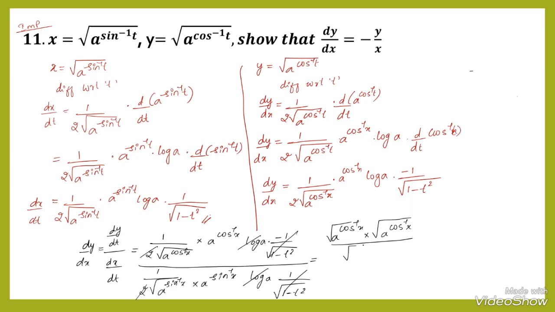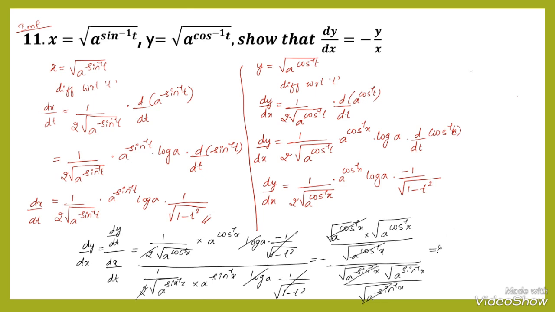Divided by, here already there is a to the power cos inverse of x. Similarly, here there is a minus, then it becomes, here also I can write a to the power sine inverse of x into a to the power sine inverse of x divided by root of a to the power sine inverse of x. Here one a to the power sine inverse x gets cancelled, and again here also it gets cancelled.